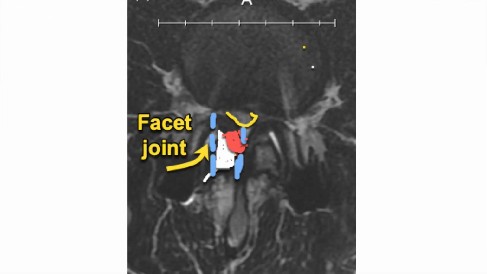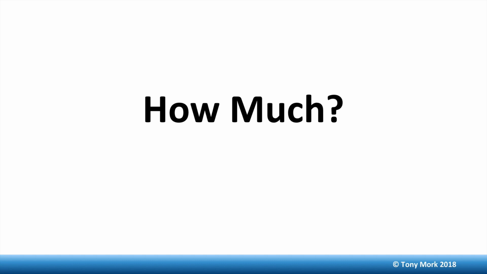So if we're doing an operation, just say that the amount of bone to be removed is between the blue dotted lines. The white is the bone, the red is the ligamentum flavum, and the yellow line there is actually the dimensions of the cauda equina, or the remnants of the spinal cord. Well, how much has to be removed?